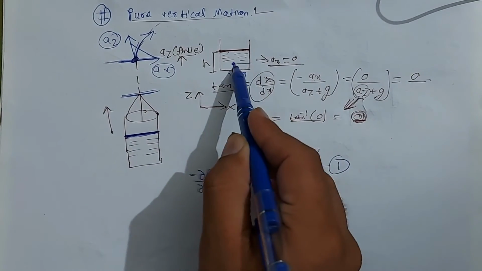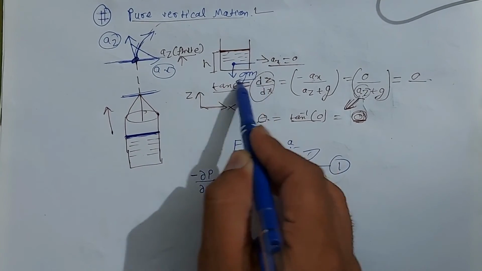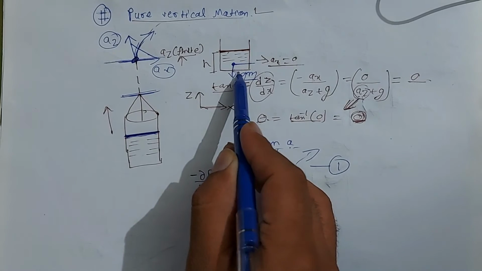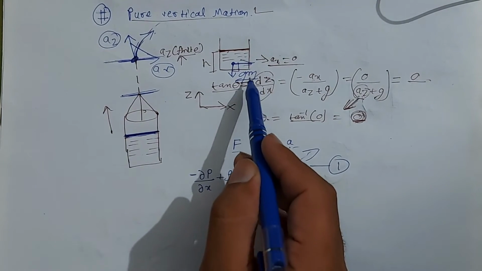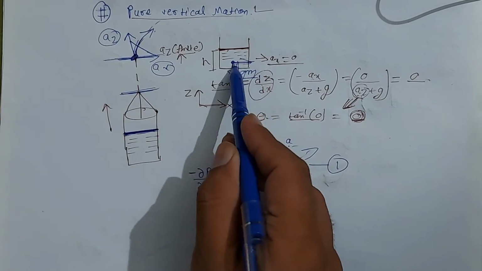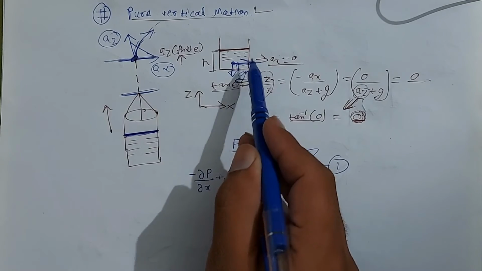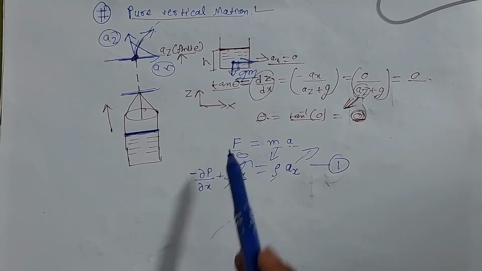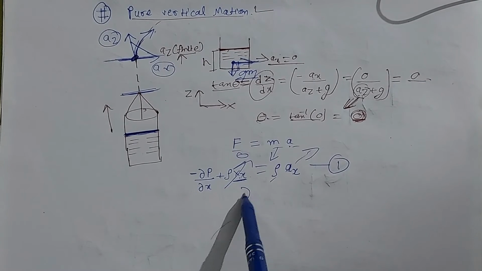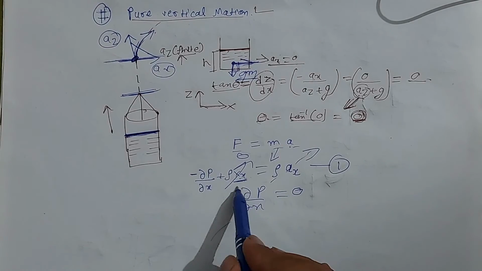The body force is total mg, but there is no component of this mg in this direction, because the component would be mg cos 90, and you know cos 90 is 0. So there is no component in x direction, so Xx is also 0. So for this case, the pressure change in x direction comes out to be 0.